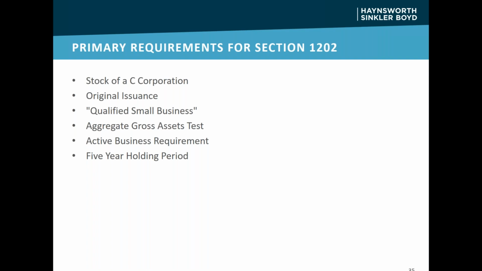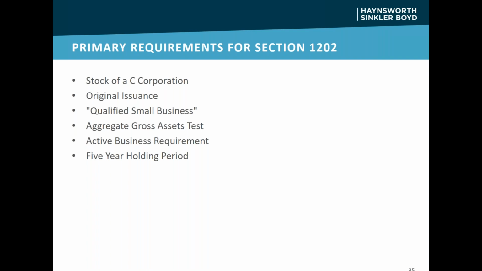Then you also must have a qualified trade or business. This is very similar to the qualified business income deduction that we were discussing earlier, that it's the trade or business that involves the performance of services in the fields of health, law. This is the one that actually includes engineering and architecture, accounting services, actuarial services, performing arts, consulting, athletics, financial services, brokerage services, and any trade or business where the principal asset of the trade or business is the reputation or skill of one or more of its employees.